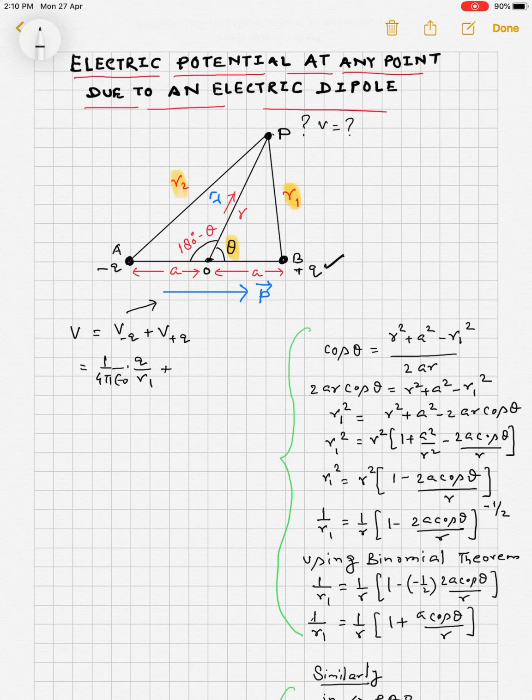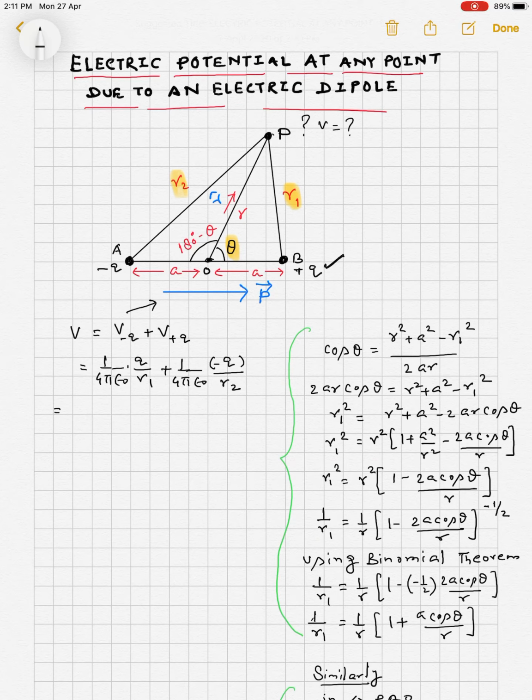Now I am writing potential due to minus q. As potential is a scalar quantity, the value of q should be put with sign. So 1 upon 4 pi epsilon naught, here we have minus q, and this charge from P is at a distance of r2.